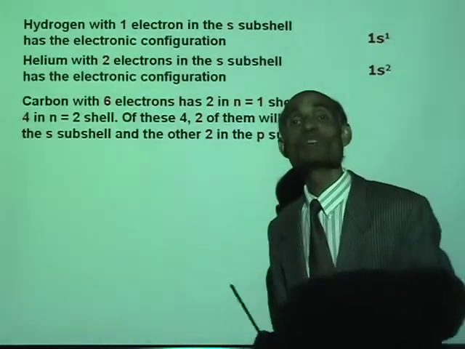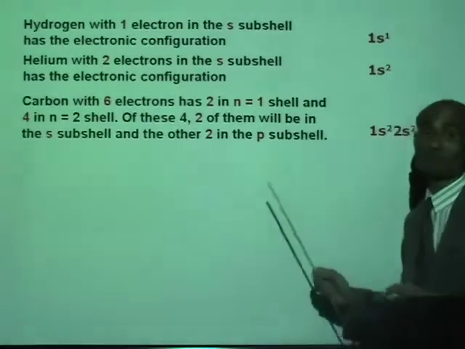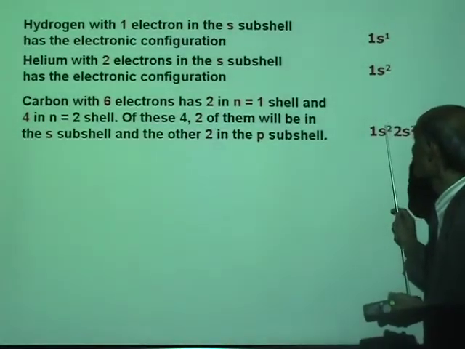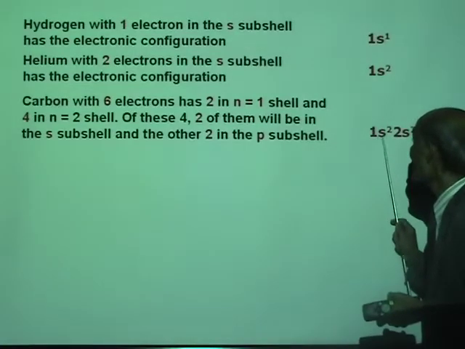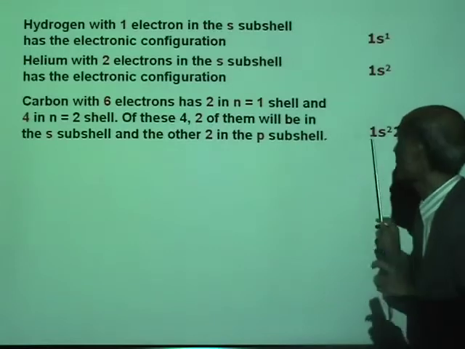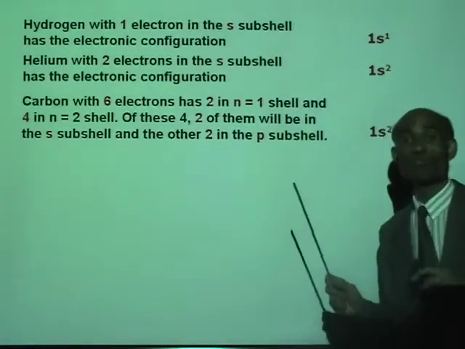So how will we write the configuration? What's the configuration for carbon? The first 2 electrons are the 2 electrons in the s subshell of n equal to 1. That means n equal to 1 is now full. It can only hold 2 electrons.